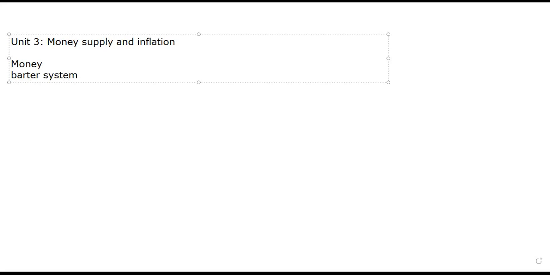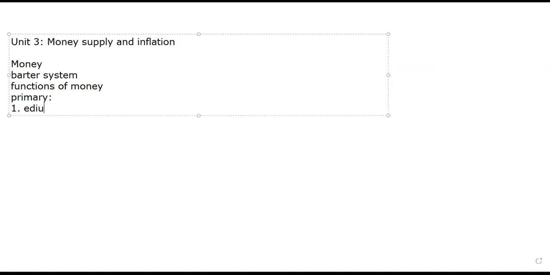We'll move to the important functions of money. Functions of money, or why do we term money as money? Because it performs certain functions. First and foremost, it performs certain primary functions, and the first is medium of exchange.